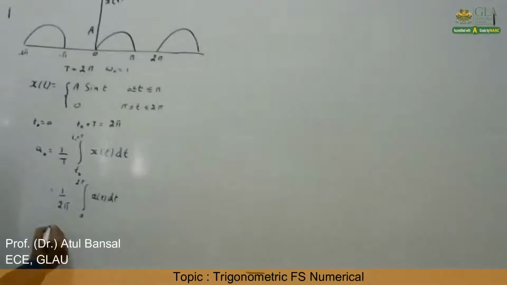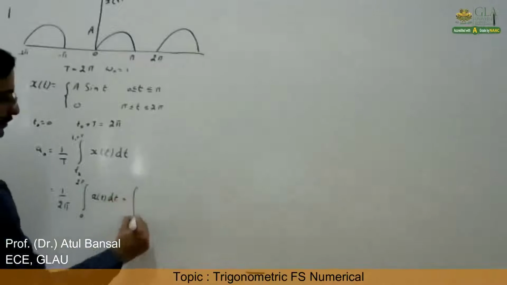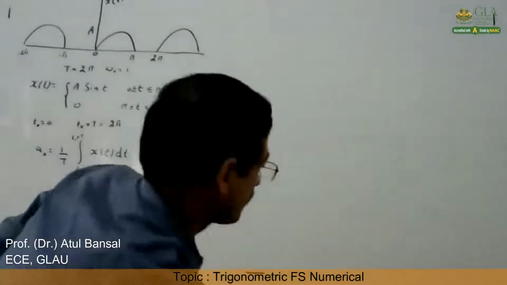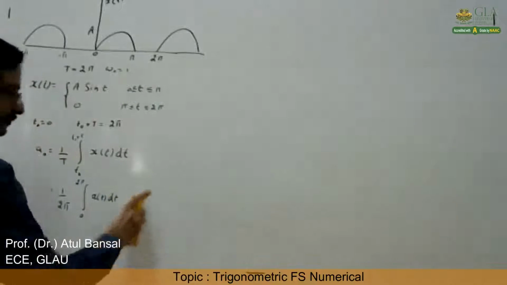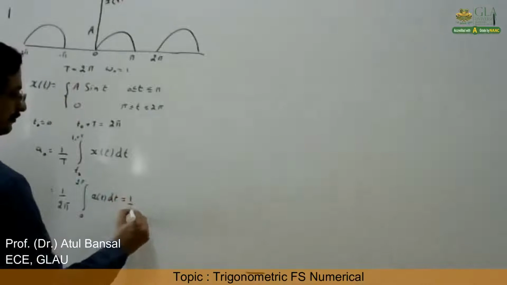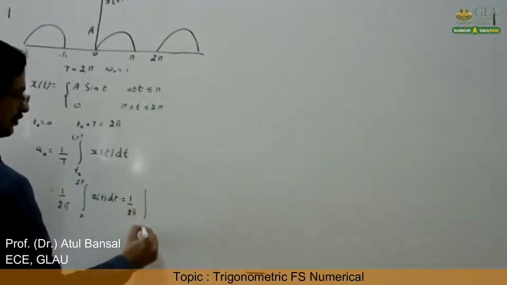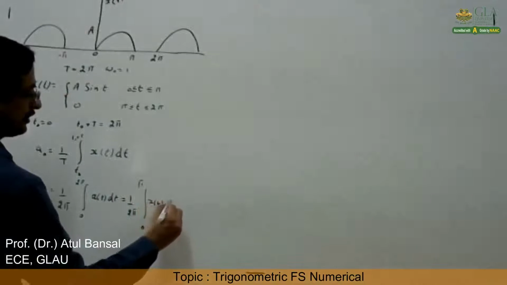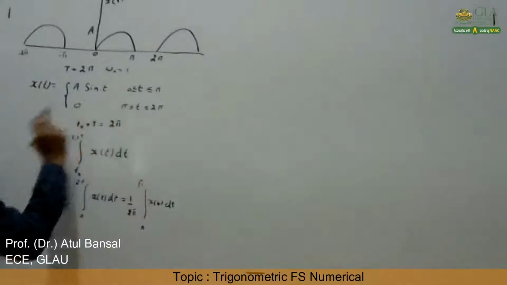If we further evaluate this, it can be 1 by 2 pi, integral from 0 to pi of x(t) dt, as from pi to 2 pi it is 0.